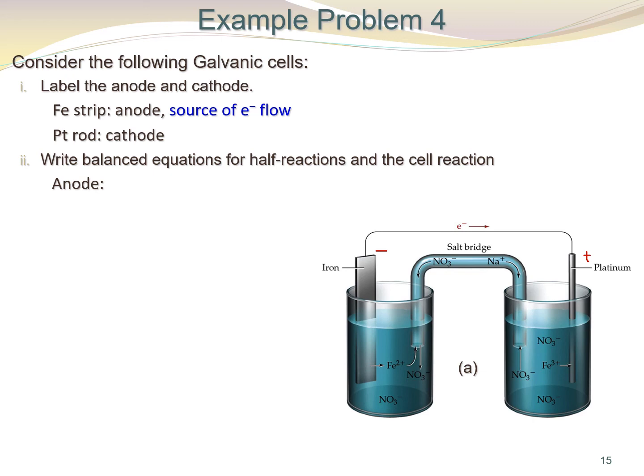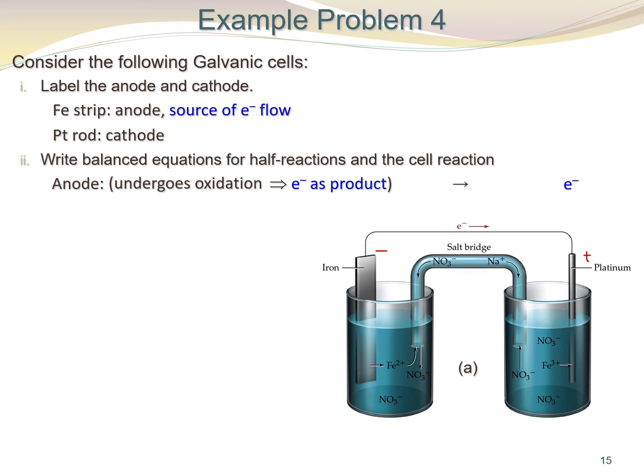The anode undergoes oxidation, meaning electrons are on the right as product. So it's very important for us to set electrons first in this half reaction. We understand electrons must be the product for the oxidation half reaction, so we put electrons on the right-hand side of this half reaction.